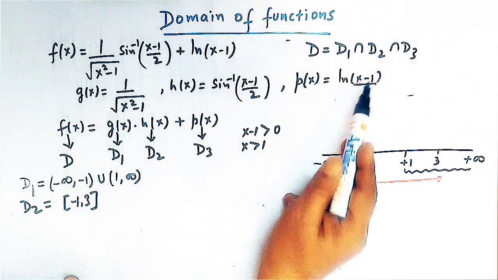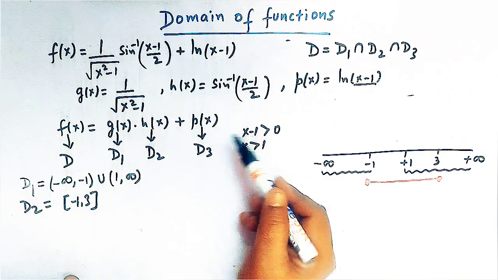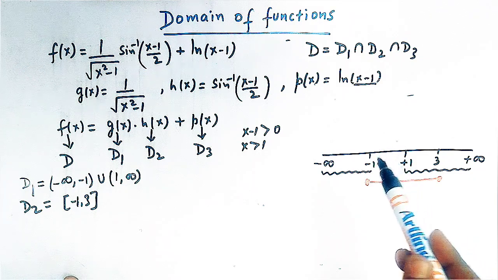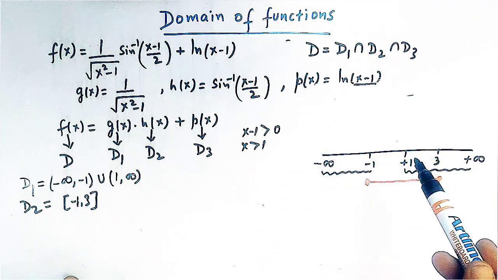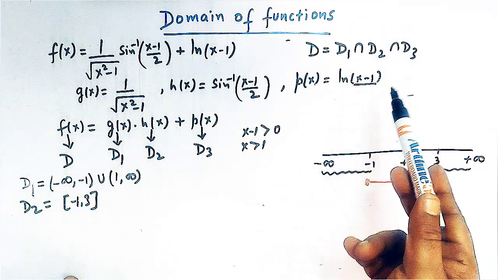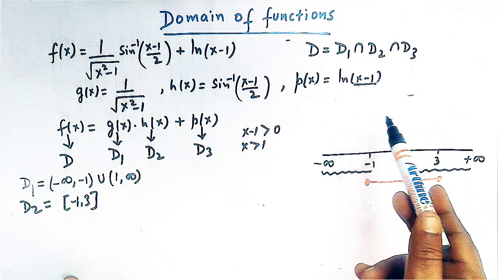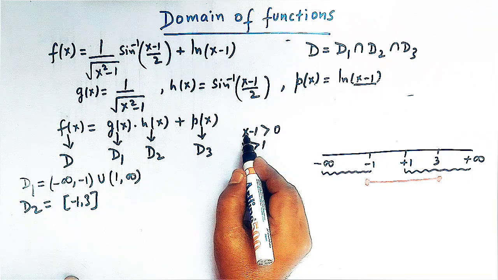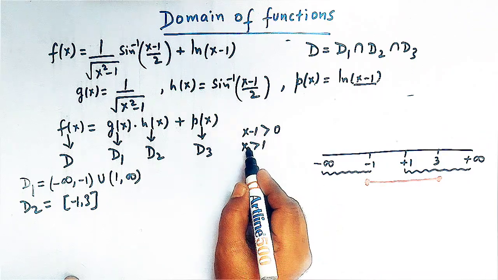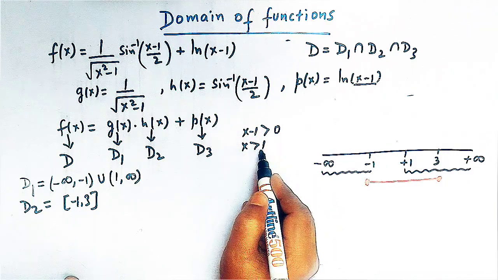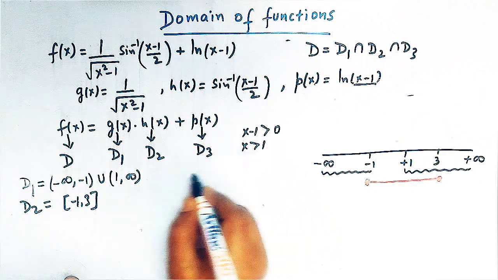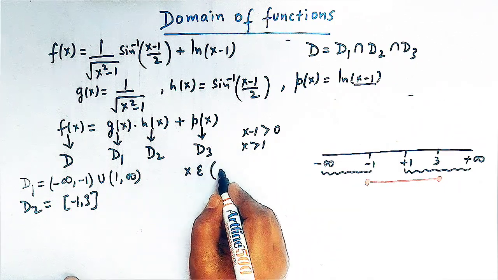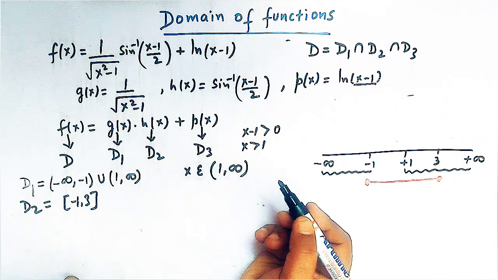Here x minus 1 should be a positive quantity, because the natural log of positive quantities is defined in the set of real numbers, and the log of negative quantities is defined in the set of complex numbers. Solving this inequality, we have x greater than 1. This implies that x should belong to the interval from 1 to infinity, right?